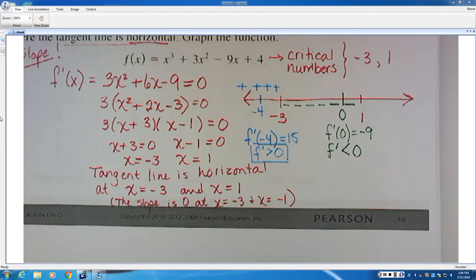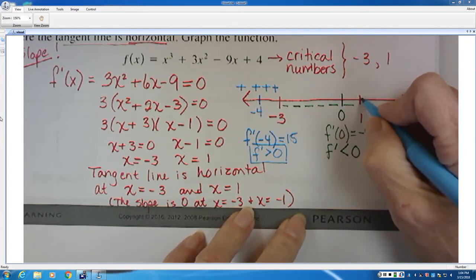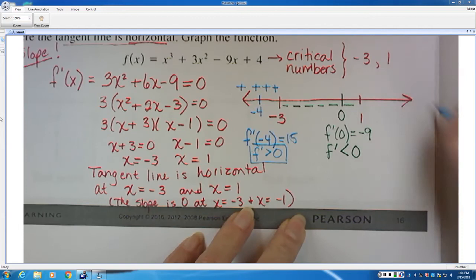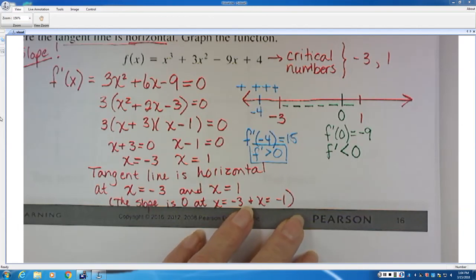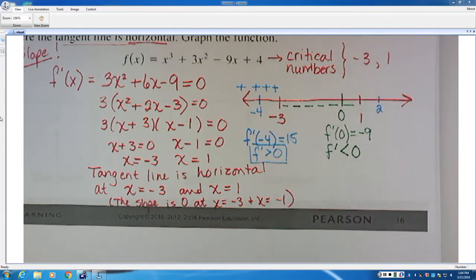Okay? And then it changes behavior again. It does that change at the number 1, the critical value 1. So we need to test something in this interval. And again, I could pick something huge or ridiculous. I could pick a number like pi just to make life interesting, but I don't want to. I like 2. That's a nice, easy number to do. So 3 times 2 squared plus 6 times 2 minus 9.